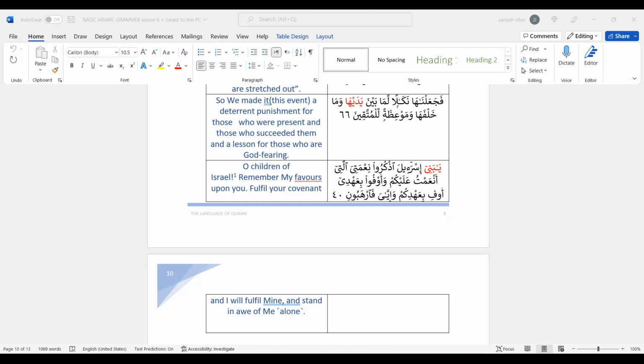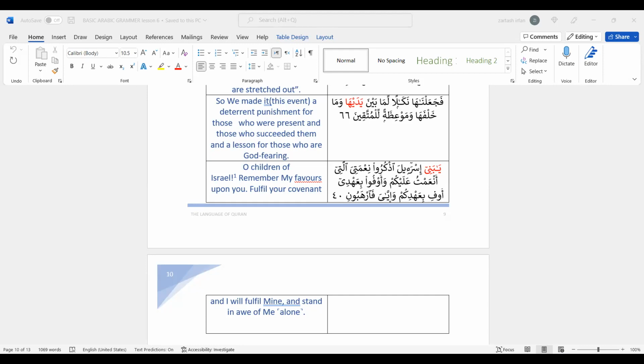There are many more constructions we are going to learn, but for today we studied two rules about when two types of phrases are combined: ismul ishara with musharun ilayhi, and mudaf with mudaf ilayh. We learned how to construct those phrases, and how to handle two idafa constructions together.